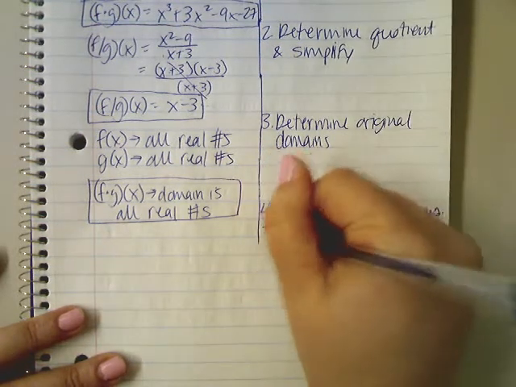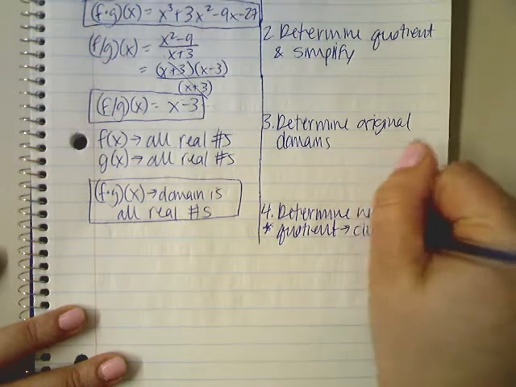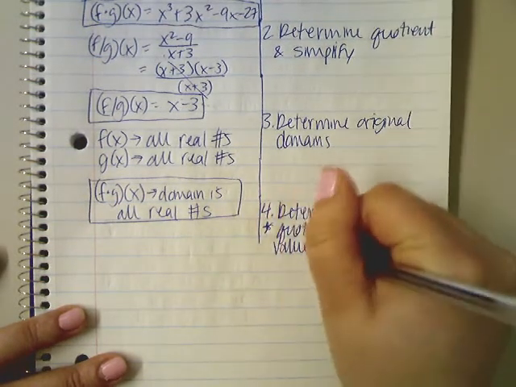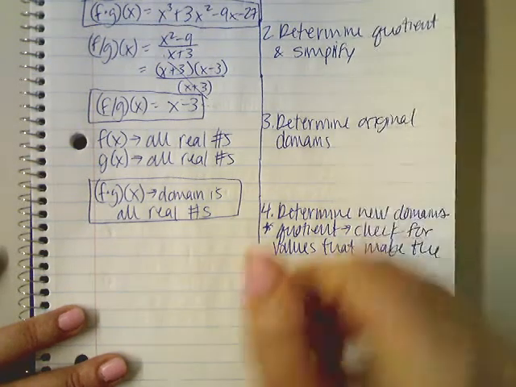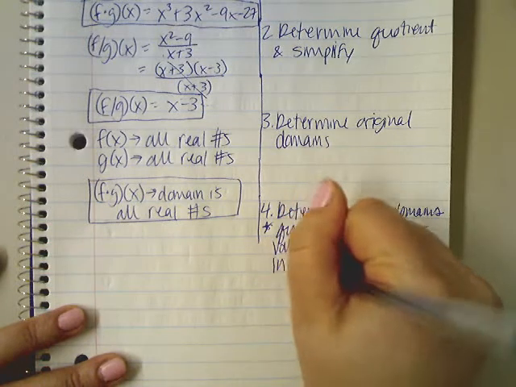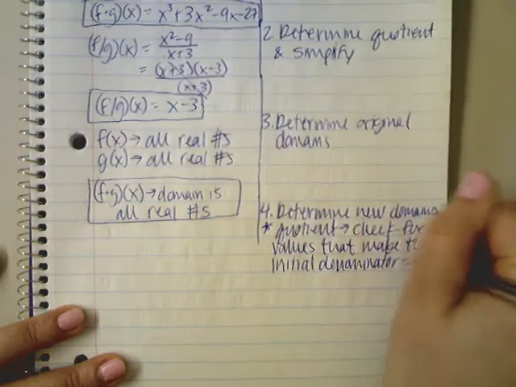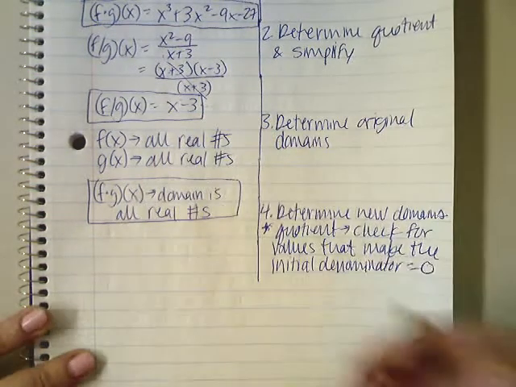And I'm going to put a little star here because the quotient, you need to check for values that make the original denominator, the initial denominator, equal 0. So if I go back, I know my original denominator was x plus 3.